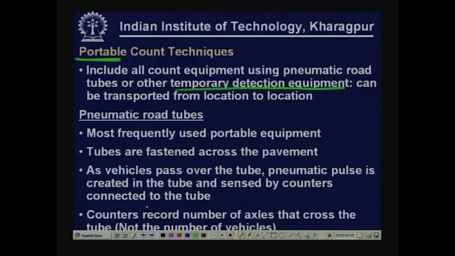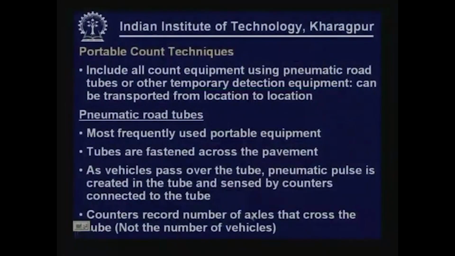Remember that counters record the number of axles that cross the tube, not the number of vehicles, because the pulse is generated every time an axle crosses the tube. So, how many pneumatic pulses are generated will be an indication of how many axles have crossed; it will not give the vehicle number directly.